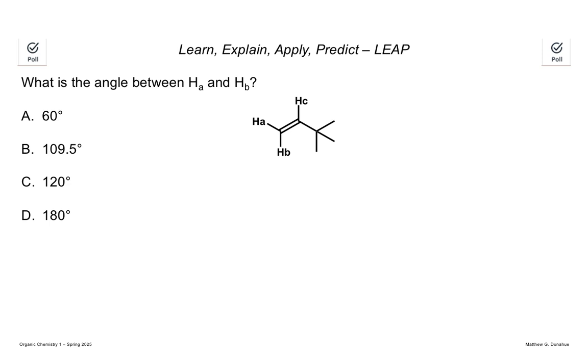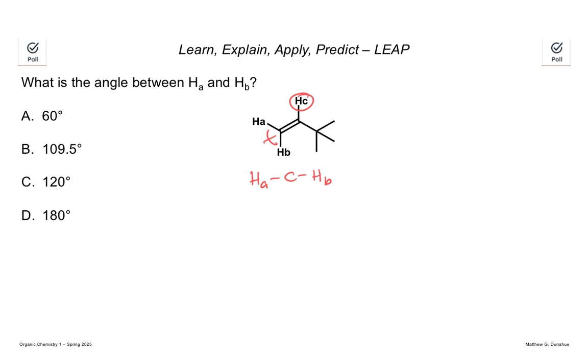So if we said, looking at HC, that's making A and B both different, right, due to the dihedral angle, but they're bonded to the same carbon. So this question is asking you now not what the dihedral angle is, but what is this angle? HA, C, HB.